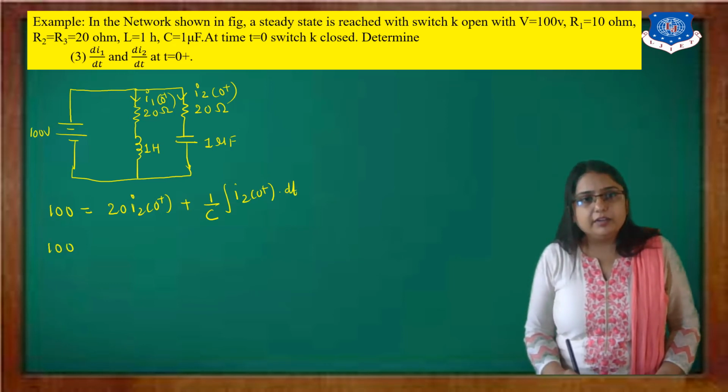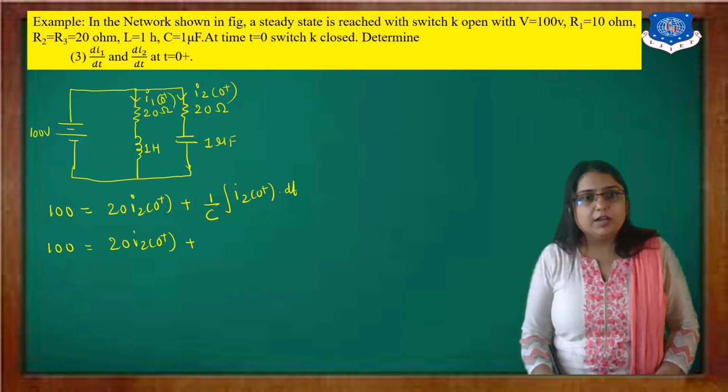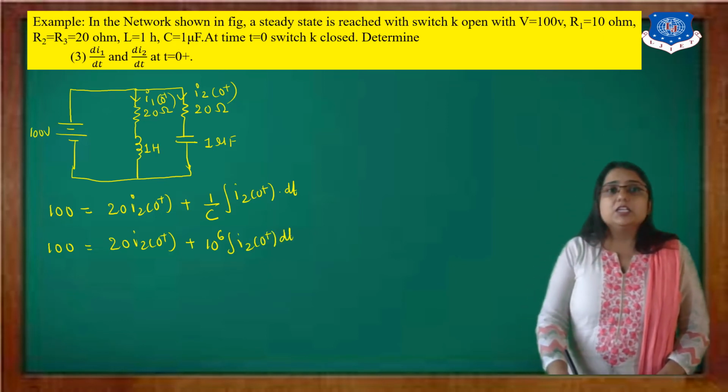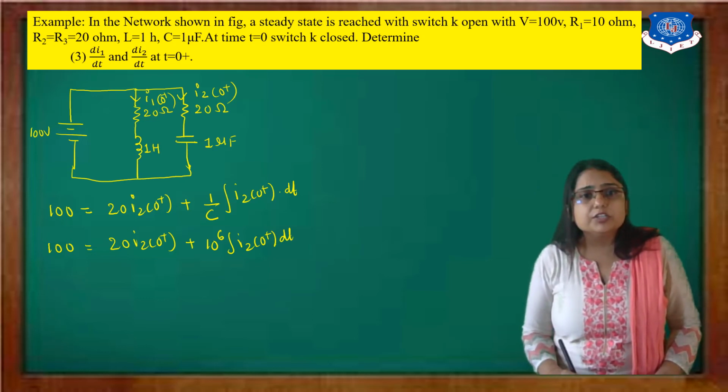So this is 100 equals 20 I2(0+), and value of C is 1 microfarad, so 1 upon 1 microfarad, I'm just writing 10 raised to 6, integration of I2(0+). See, as such, we do not have any term di2/dt, so just do the differentiation.